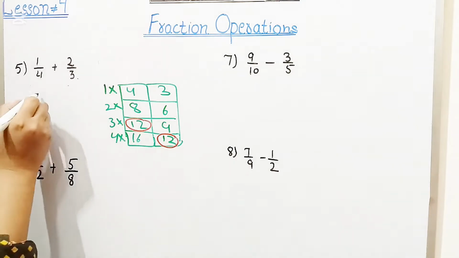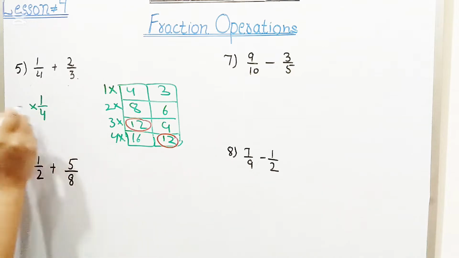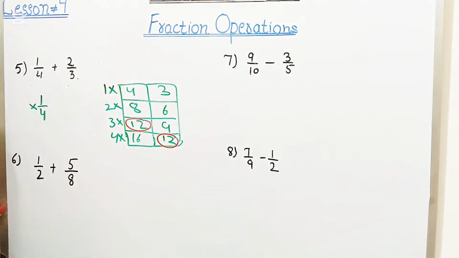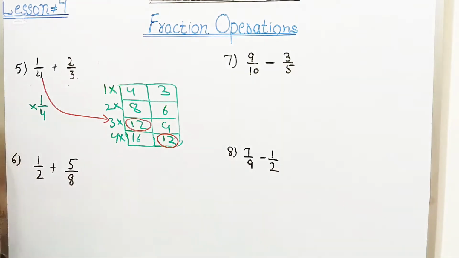What do we do? 1 by 4 multiplied with 3.